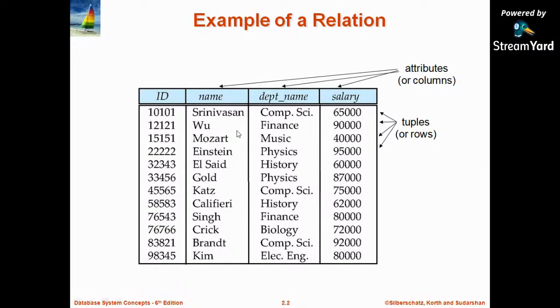You can see why it is named a relation, because all the related data is stored in one table. ID 101 data is stored in one row, ID 121 data is stored in the second row. So all related data is kept in one row. That's why it is called a relation.